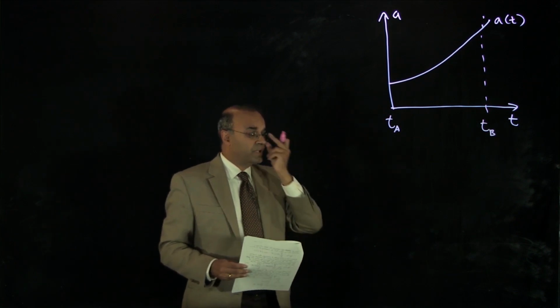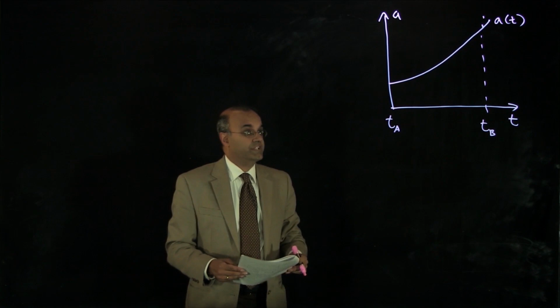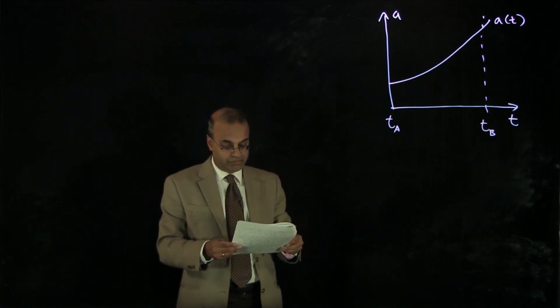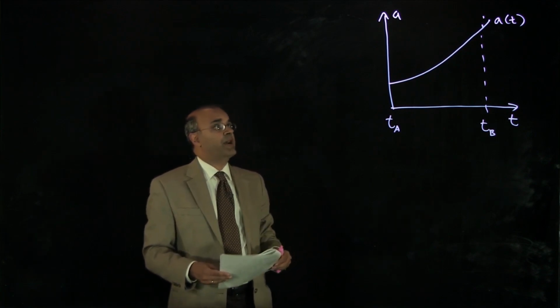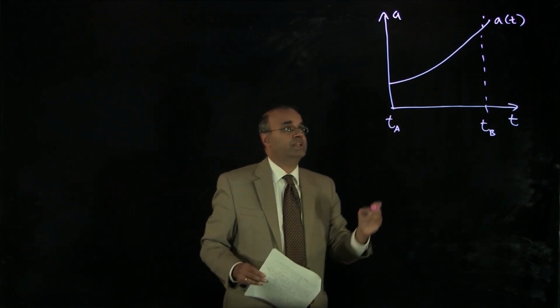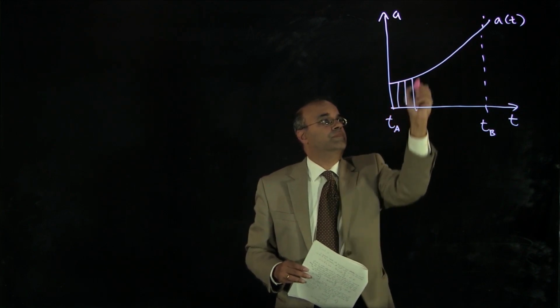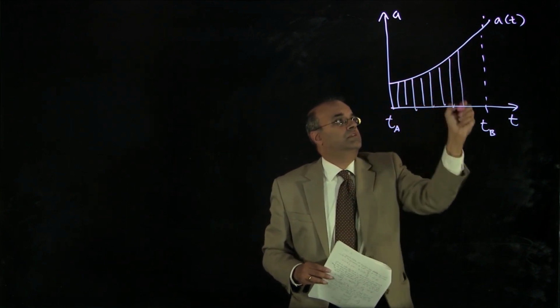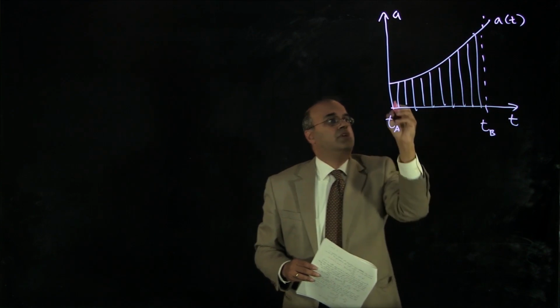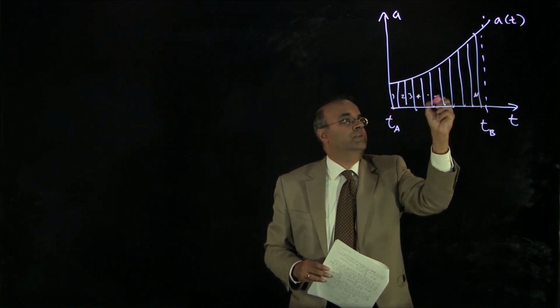So we're interested in figuring out what the area under this curve is over the interval from t sub a to t sub b. We can estimate this by breaking up the interval into a bunch of little rectangles. Suppose I break this up into n rectangles just under this curve. So this is 1, 2, 3, 4, etc., up to n.